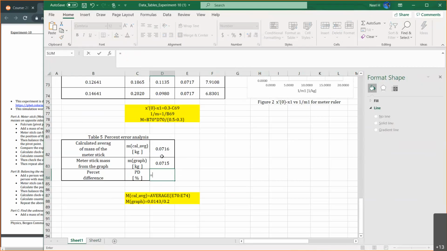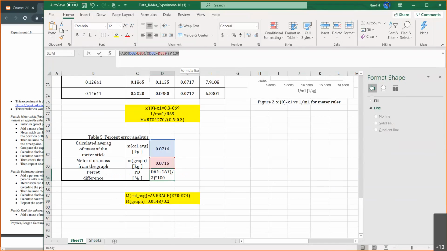Equals ABS of (calculated average minus value from the graph) divided by ((calculated average plus value from the graph) divided by 2), multiplied by 100.